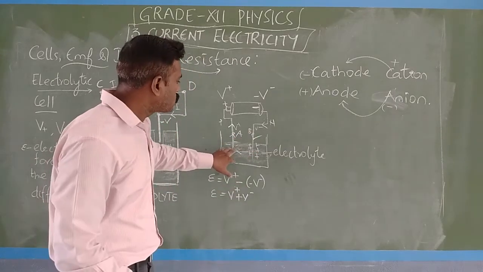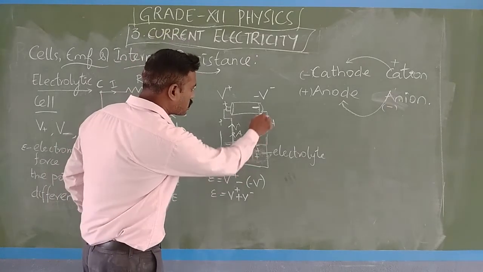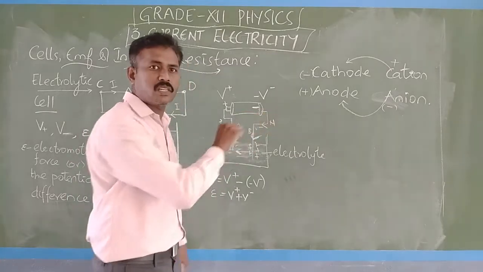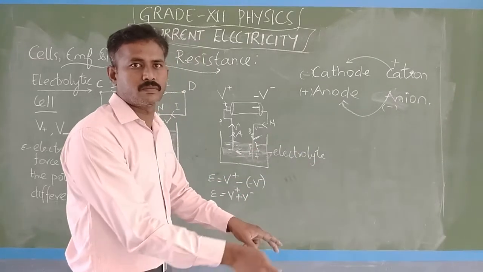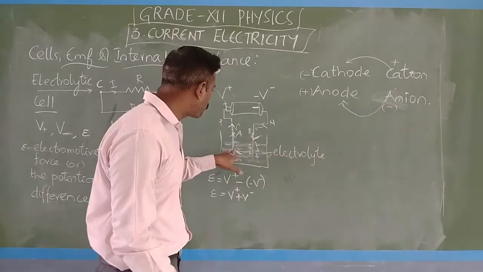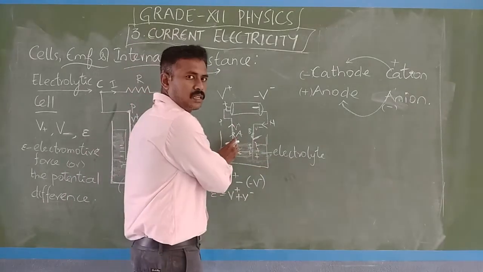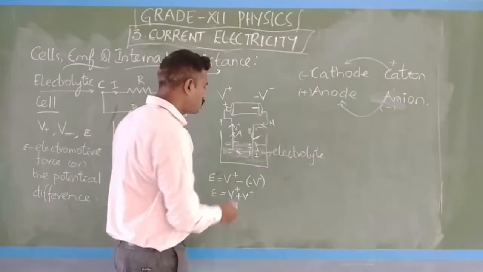So when there is a lag of electrons, there is a transfer of electrons from this point. There is a potential difference between these points too. It is the same water but at different points, so there is a potential difference between these points. There is a difference in potential between the charges here and the charges here.